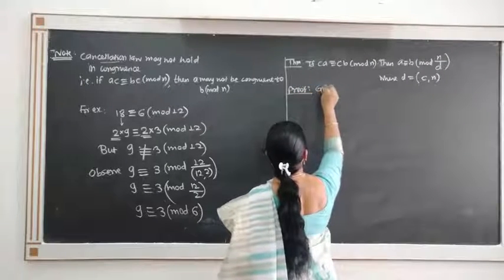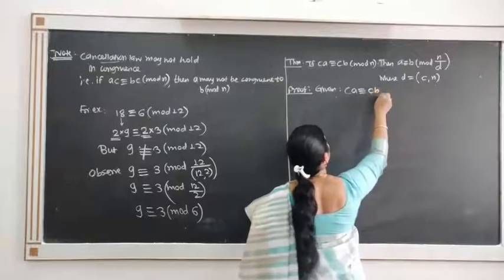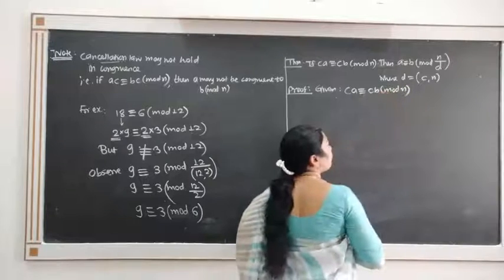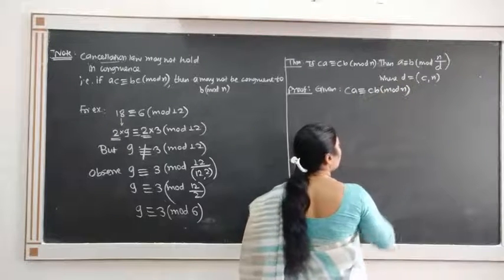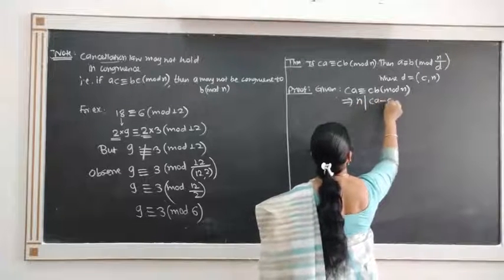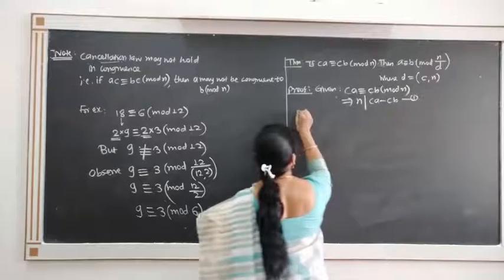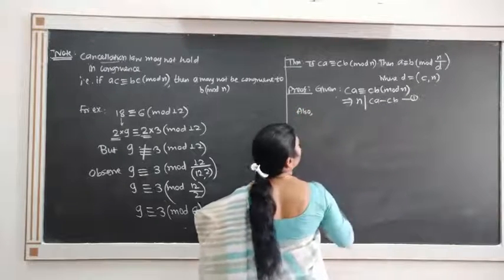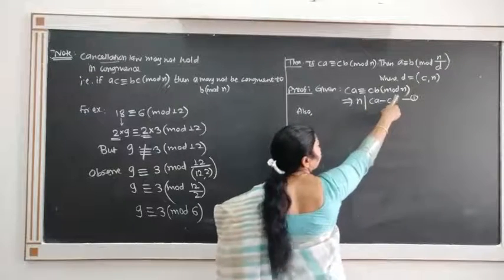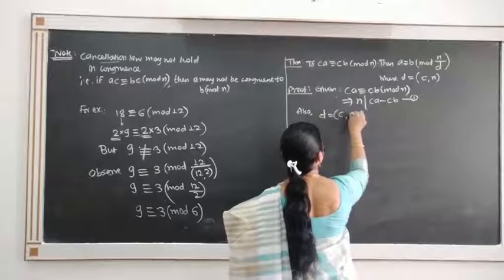We have given that CA is congruent to CB mod n. So by definition of congruence, this implies that n divides CA minus CB. We have given that D is the GCD of C and n.